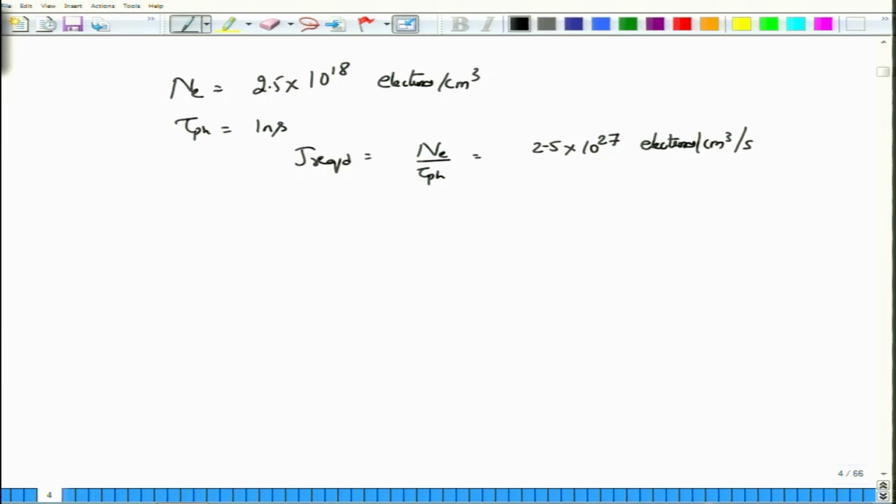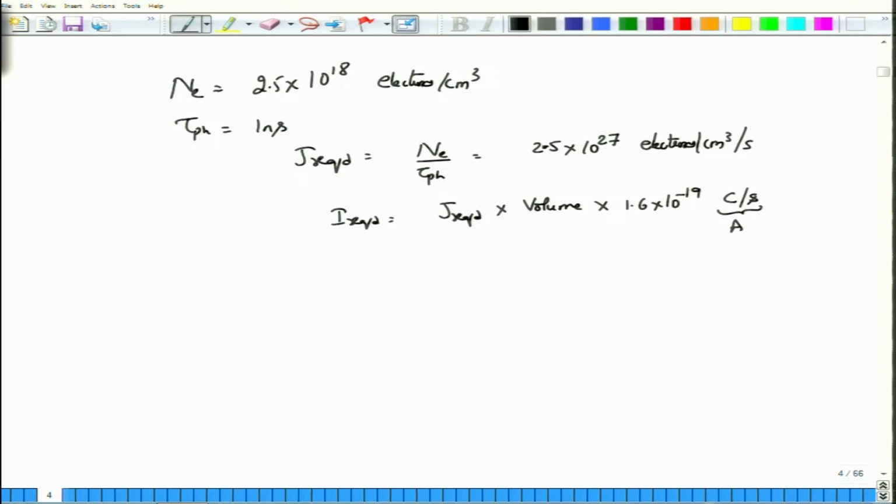Of course, this is still going to represent an extremely large amount of current, because the current would be the required current density multiplied by the volume over which you want this current density to be present, and the amount of charge per electron, which is about 1.6 into 10 to the power minus 19 coulombs, so that you eventually get coulombs per second, which is amperes.